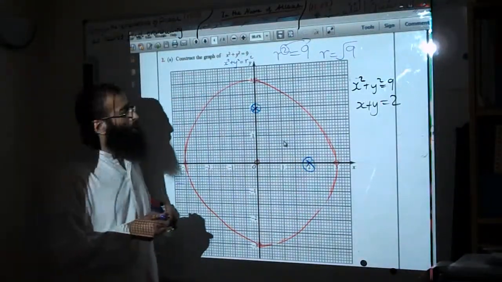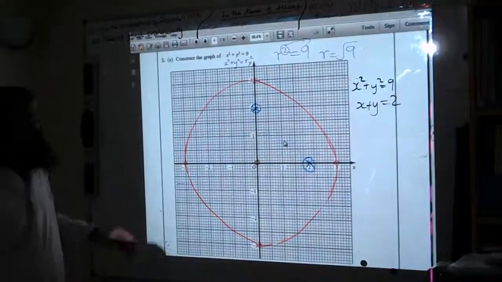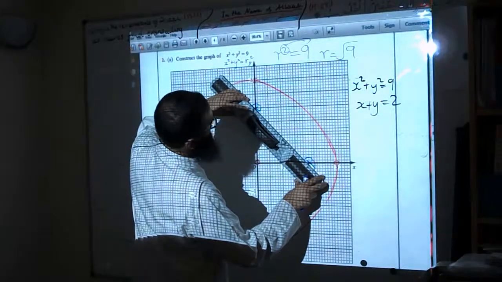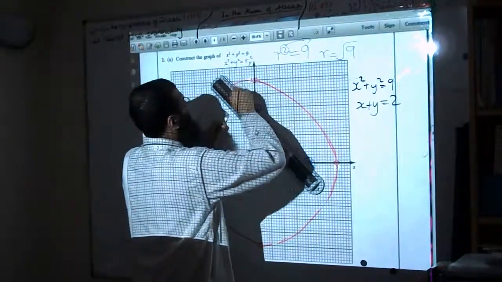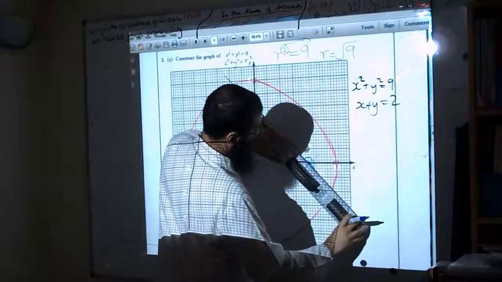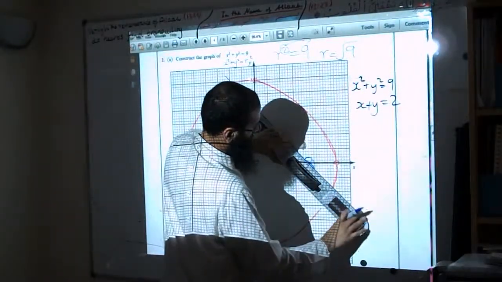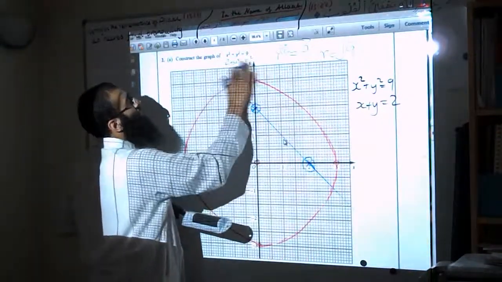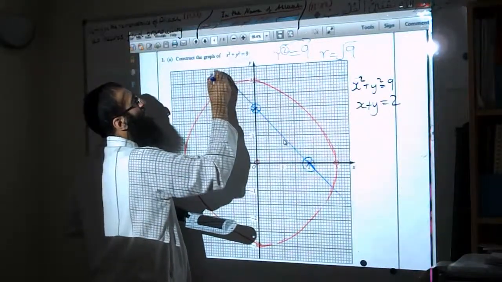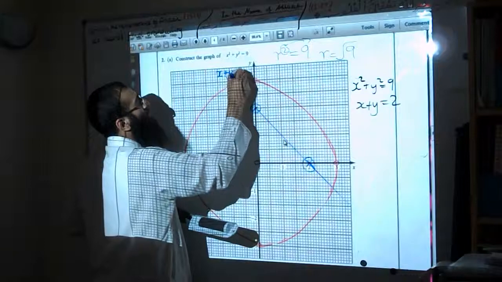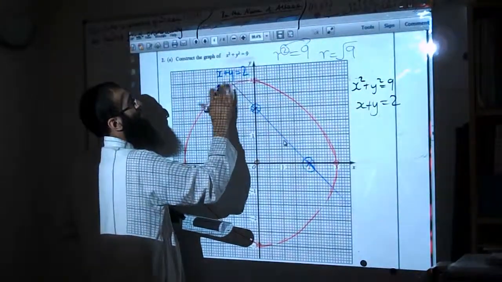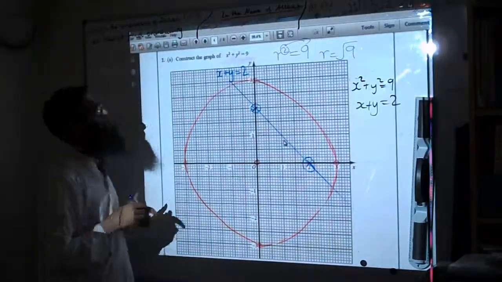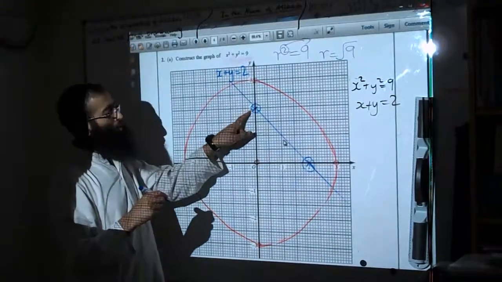So for that, I'm going to use the ruler. x plus y equals 2. So it goes through y equals 2 and x equals 2.